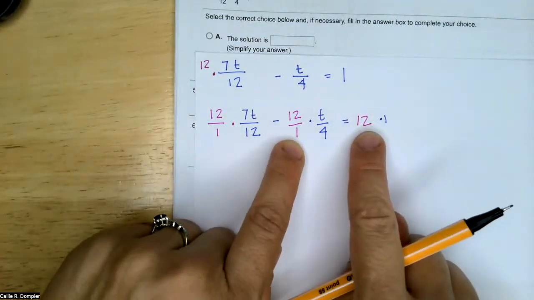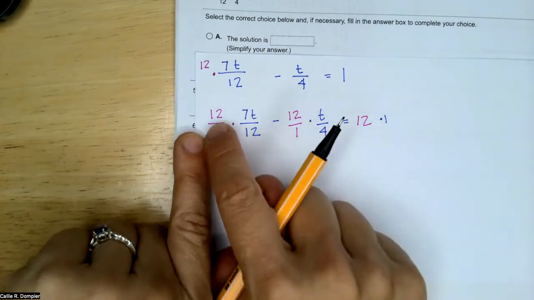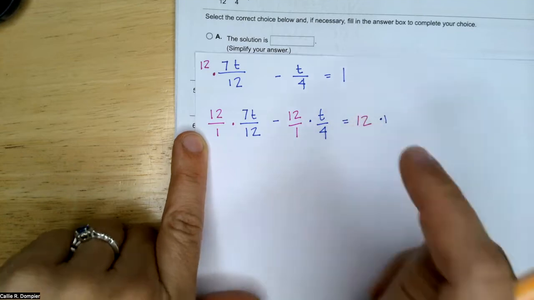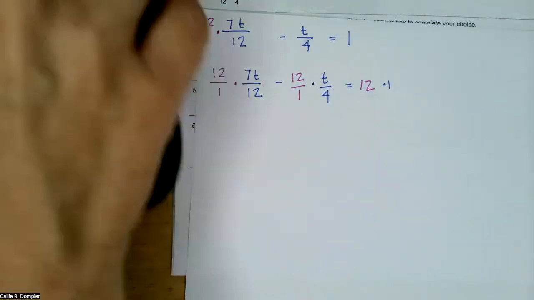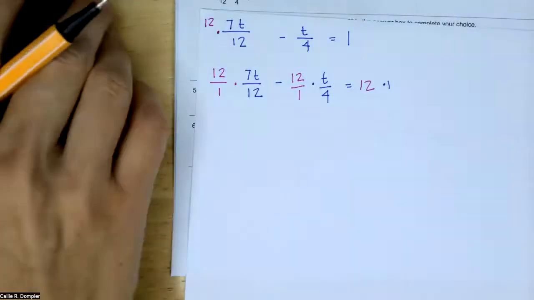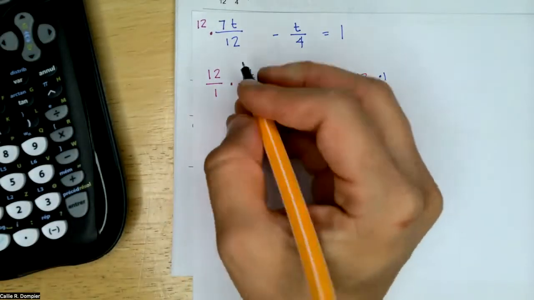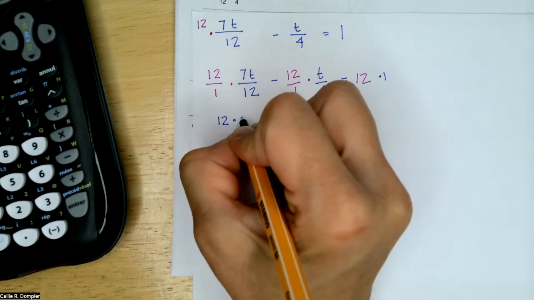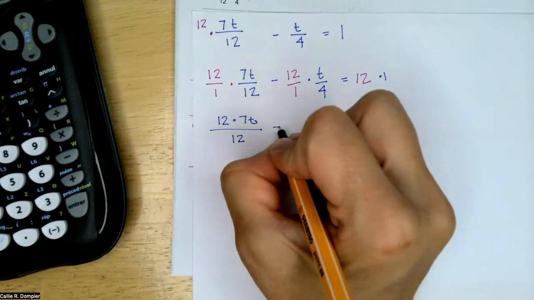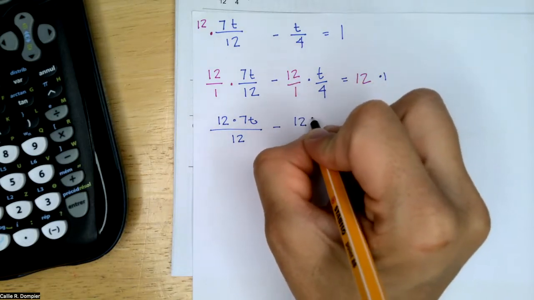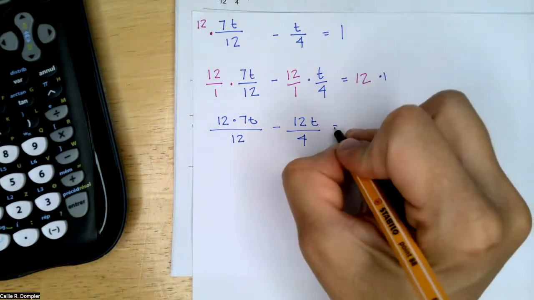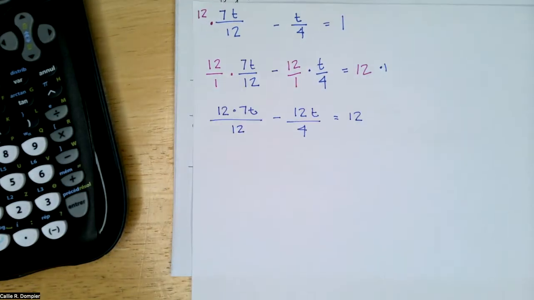Okay, I put it over 1 because I'm multiplying it by fractions, so that's easier to see. Here, 1 is not a fraction, so I'm not leaving it as a fraction, but 12 over 1 we know is just 12, so I can write it either way. That means we have 12 times 7t over 12 minus 12 times t over 4 equals 12, right?